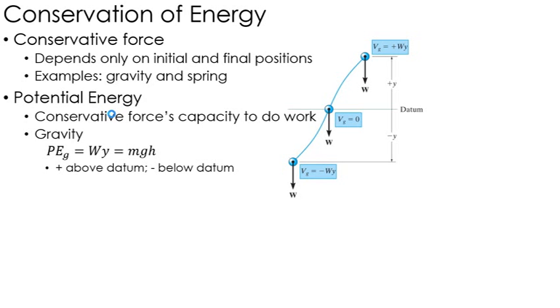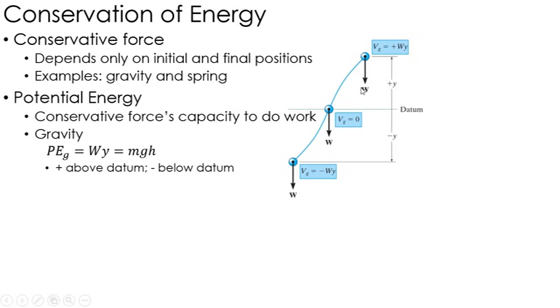So let's look at gravity, and potential energy is basically defined as its weight times its position from some datum point. And I get to define my datum point. So if I'm above my datum point, I have the potential to do positive work. So we call that a positive potential energy. That is, gravity can pull this down back to the datum in the direction of gravity.